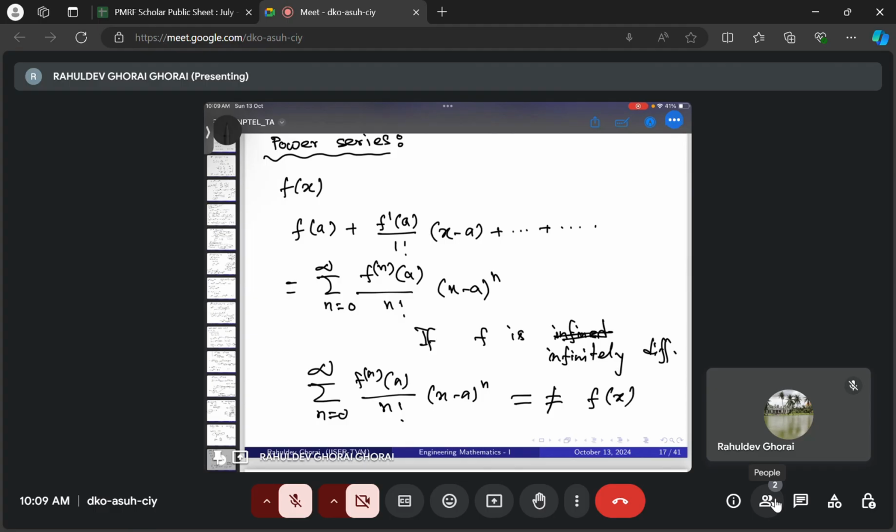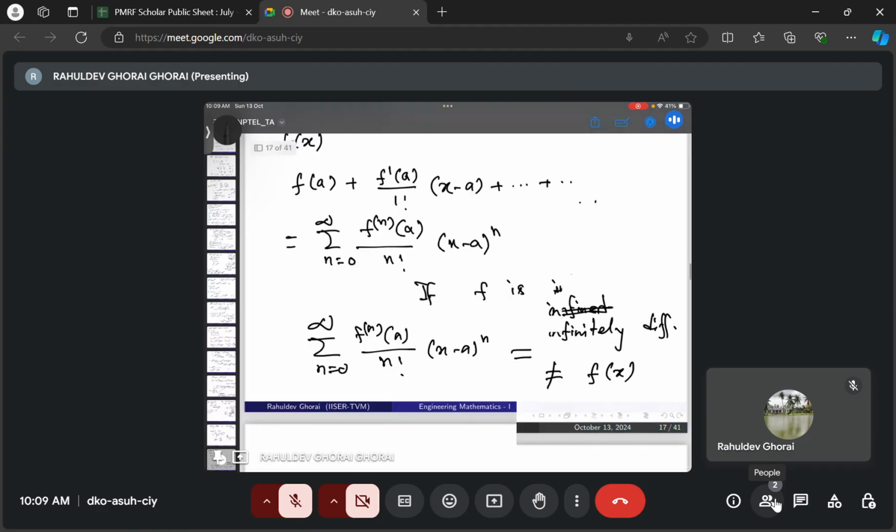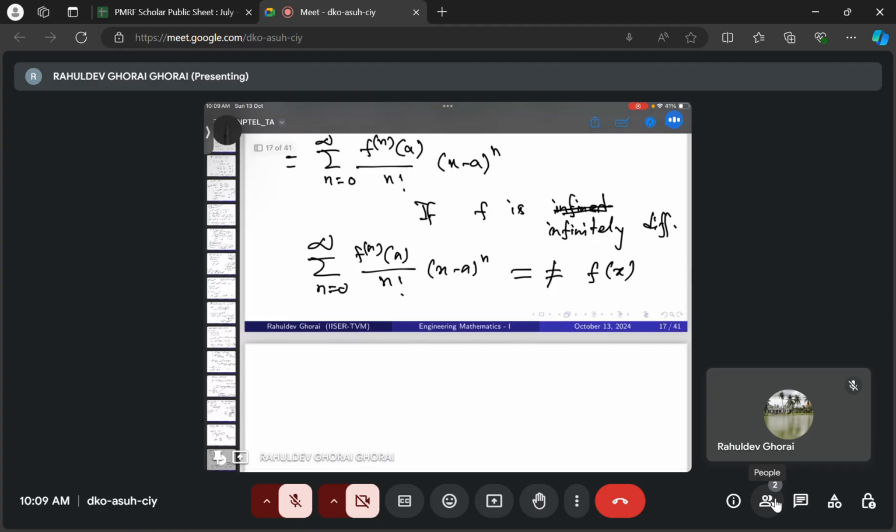If these terms are converging to zero and those conditions are satisfied, then only will it be equal to f of x. This series might converge, but still it won't converge to f.